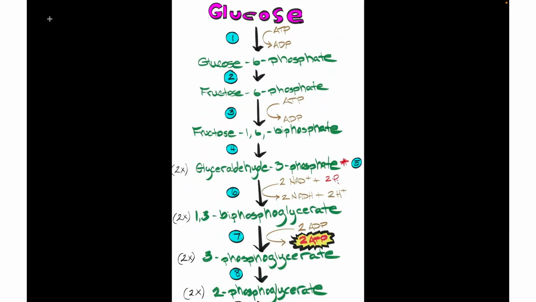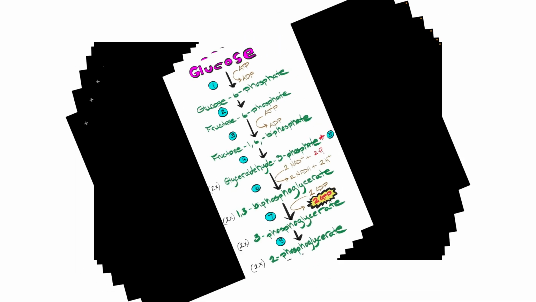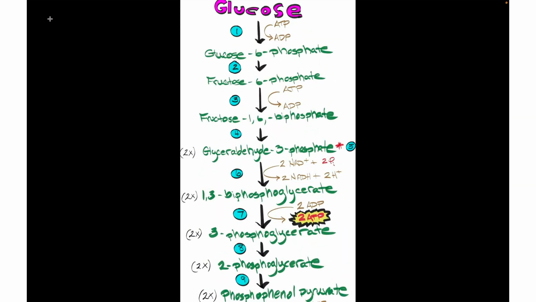That 3-phosphoglycerate in step 8 is going to be converted to 2-phosphoglycerate. And then 2-phosphoglycerate in step 9 will be converted to phosphoenolpyruvate. There are going to be 2 phosphoenolpyruvate, just like there were 2 2-phosphoglycerate and 2 3-phosphoglycerate molecules, so on and so forth.